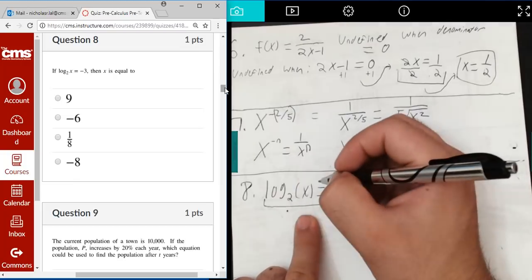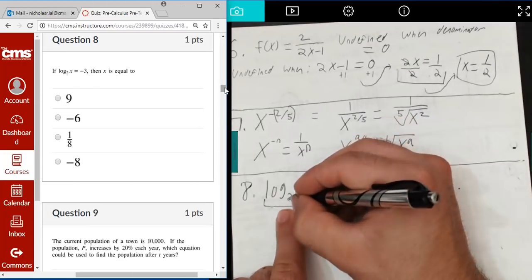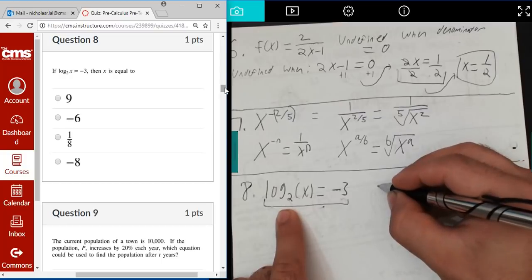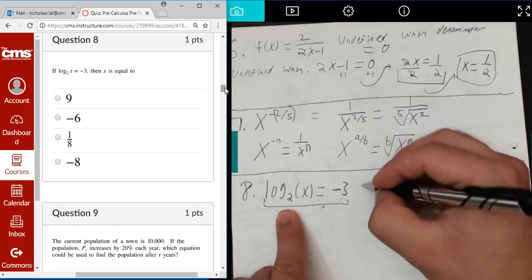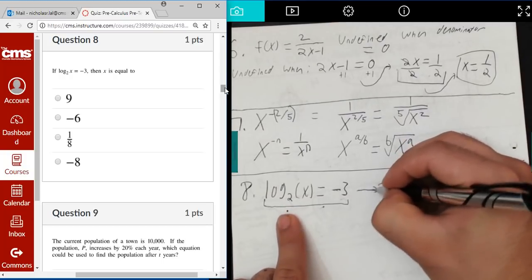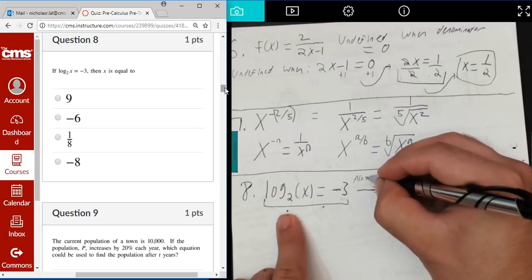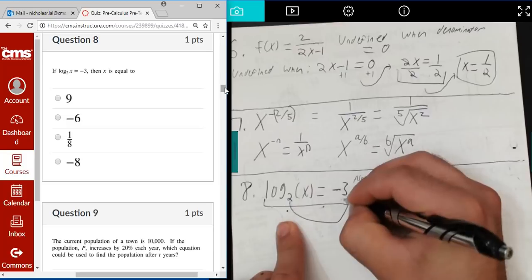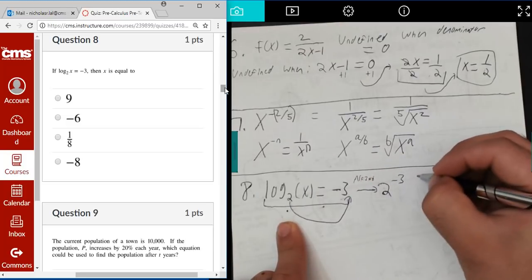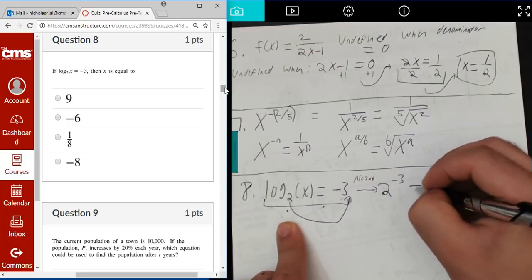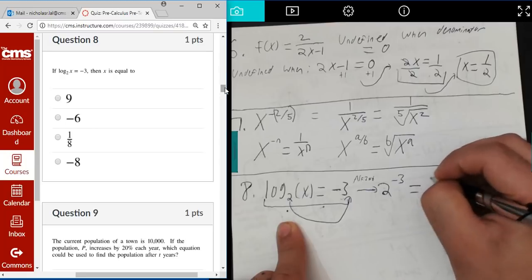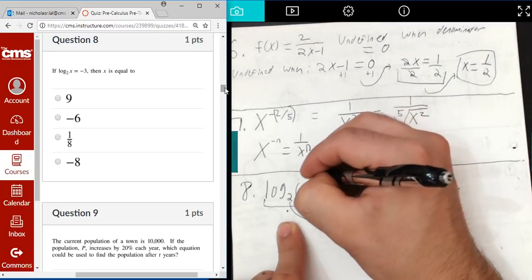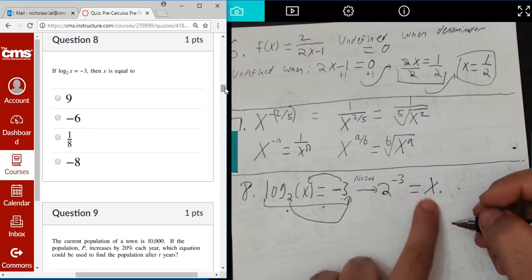So the base is 2, and what this is really asking is that 2 to the -3 power is equal to x.